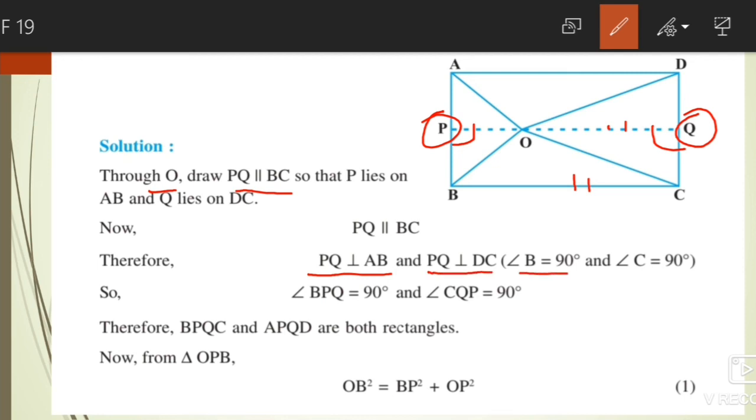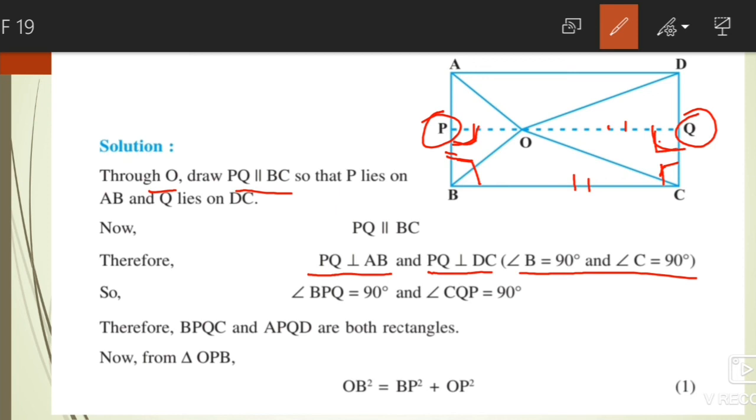Why? Because angle B and angle C both are 90 degrees. ABCD is a rectangle, given. Now, since they are perpendicular, you can say that angle BPQ is 90 degrees and angle CQP is also 90 degrees.